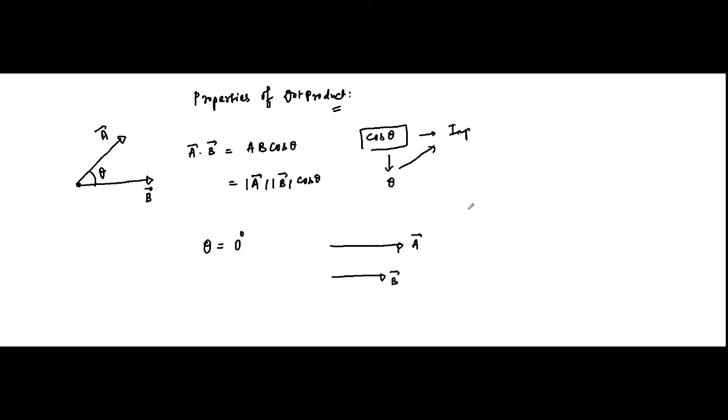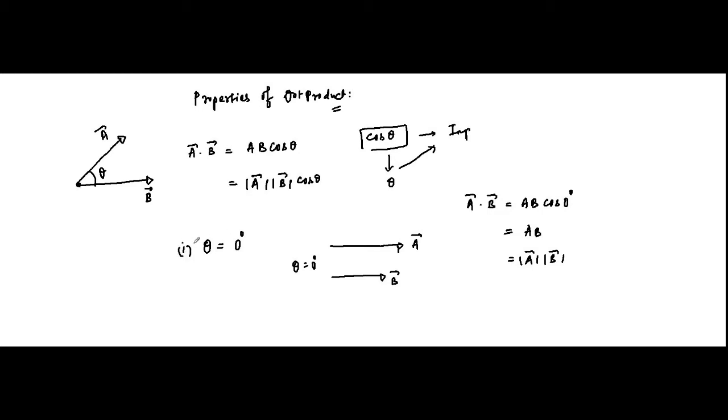So in this case the dot product of the two vectors will be A B cos 0 degree. Cos 0 degree is 1, so it will be simply A B, or A vector modulus multiplied with B vector modulus. So this is when theta is equal to 0 degree, both A vector and B vector are in the same direction.